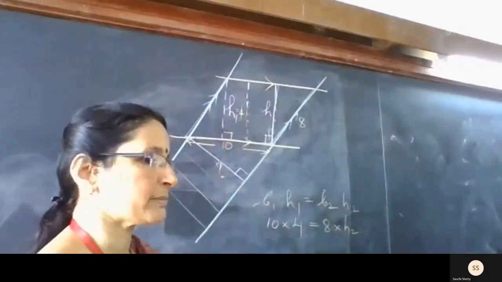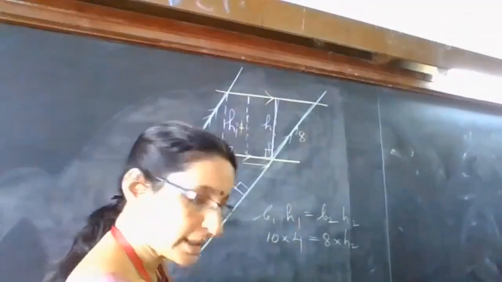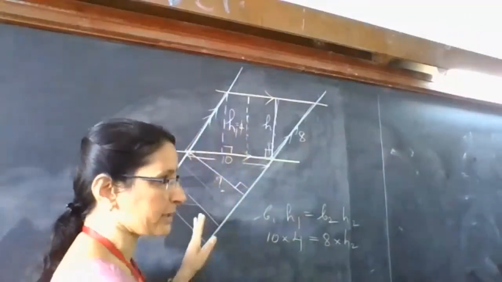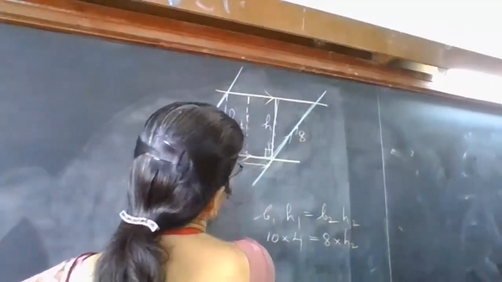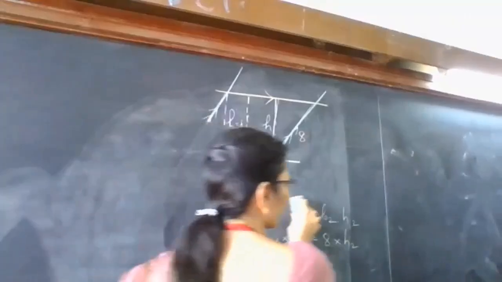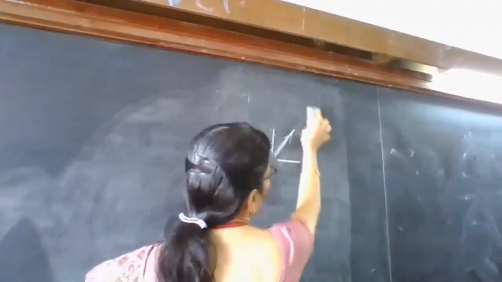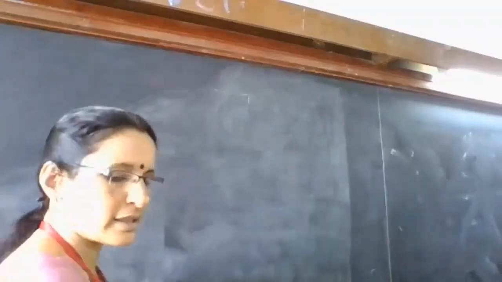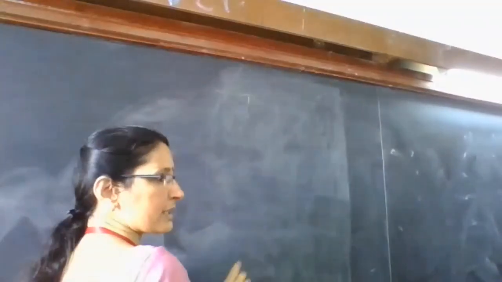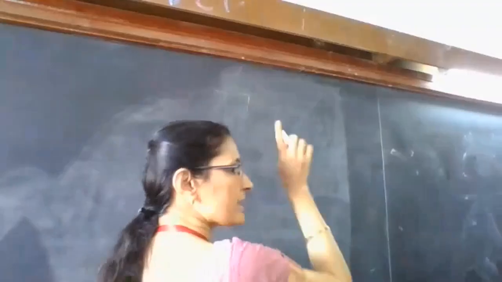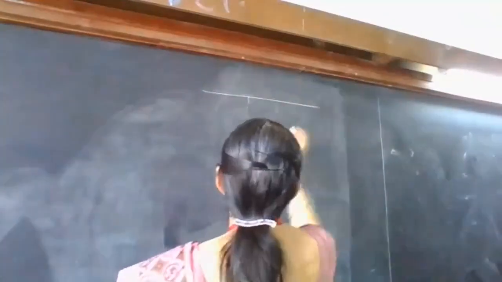But for a trapezium, you imagine a trapezium is drawn in a similar manner. What is the difference between a trapezium and a parallelogram? Compulsorily, only one side is parallel. The other side is compulsorily non-parallel.